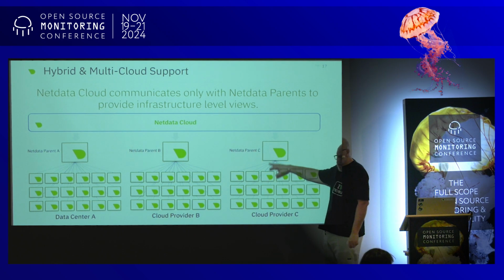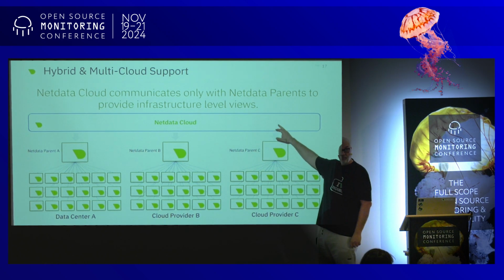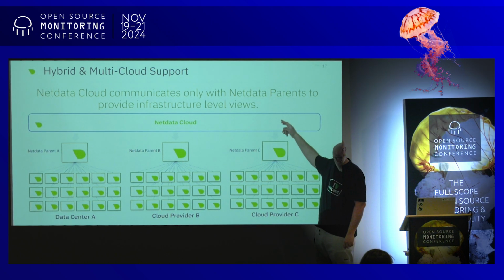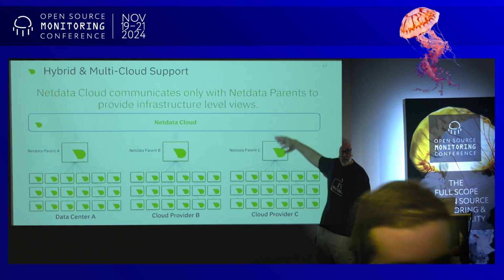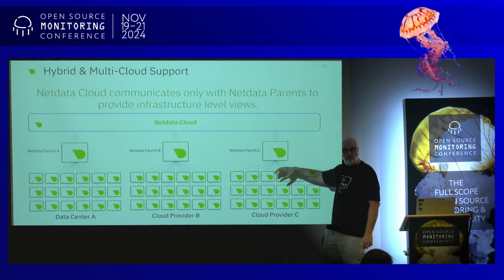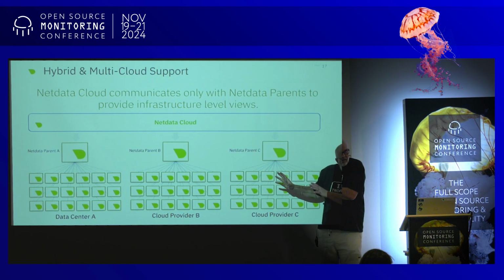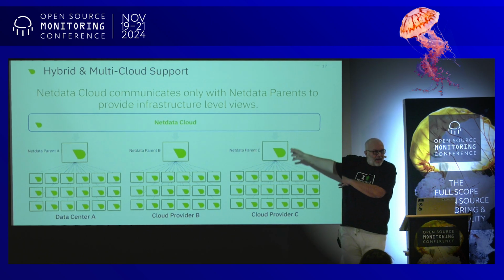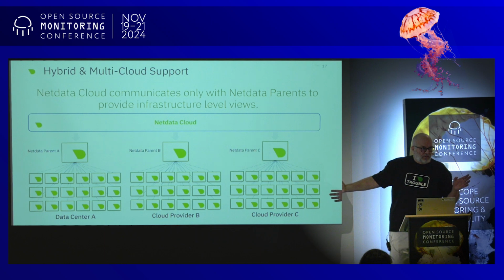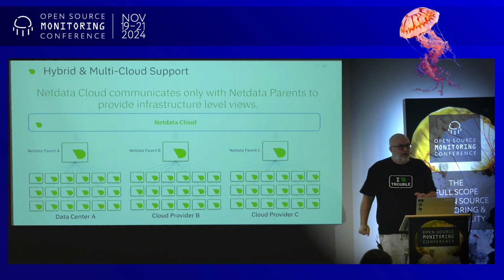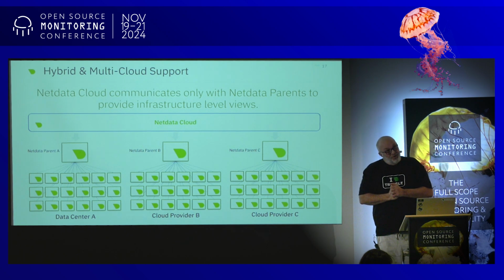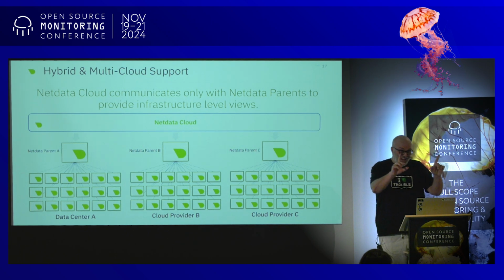This is actually an infinite loop. If you want, you can have grandparents: child, parent, grandparent, grand-grandparent. You can have as many as you want. So if you don't want to bother with ML on the edge systems, you can have a grandparent do ML for you. Yeah, but I want to have one parent for application A and another parent for application B. No, you cannot have it today.